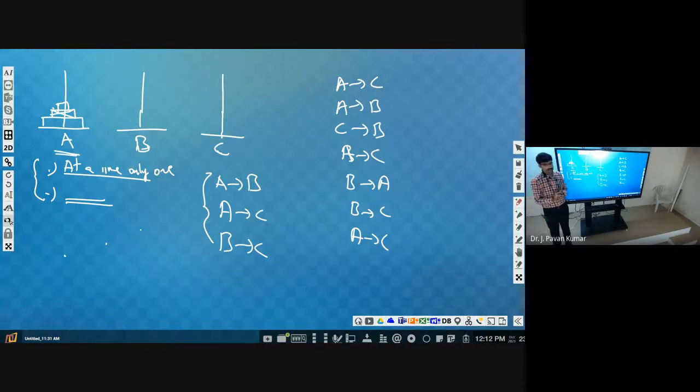Now if I give 4 boxes, can anyone do it? 4 boxes you have to transfer from A to C. Do it. It's possible, I am saying it is possible.